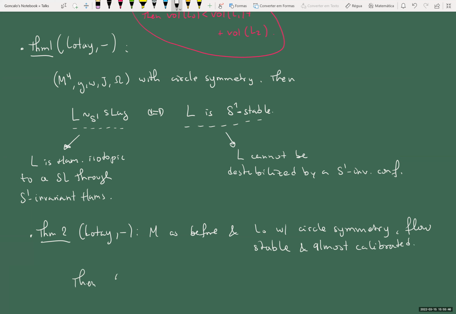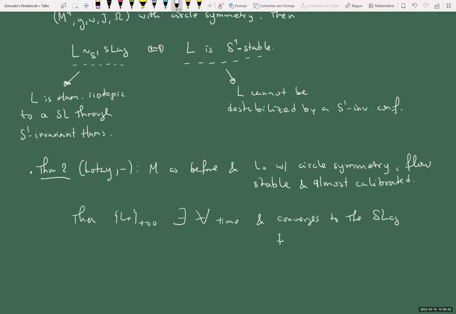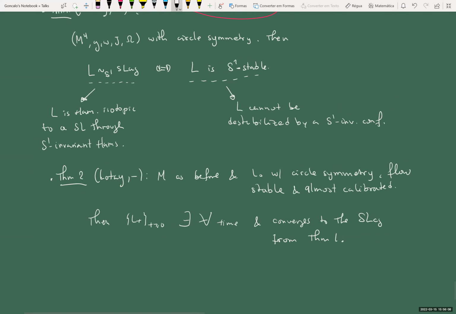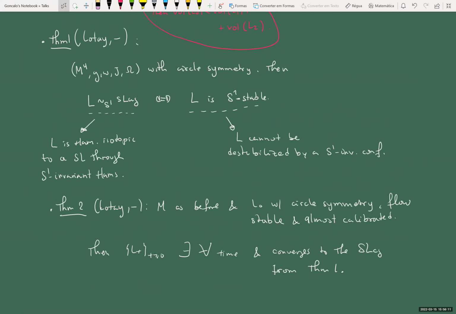Then L_t, evolving through Lagrangian mean curvature flow, exists for all time and converges to the special Lagrangian from theorem 1. So basically these are circle invariant versions in dimension 4 of the Thomas-Yau conjecture. Okay, so are there any questions?